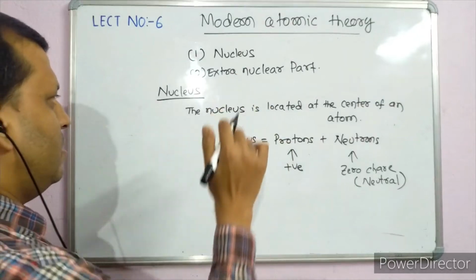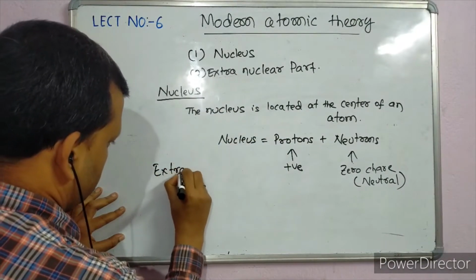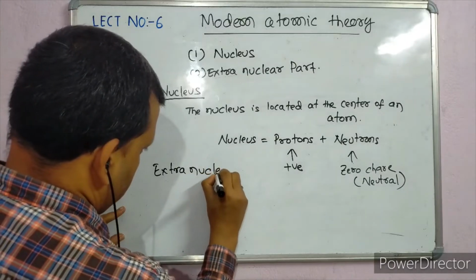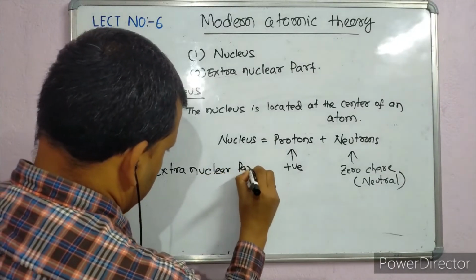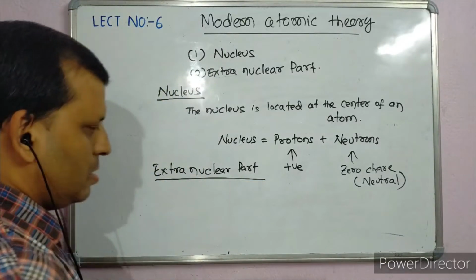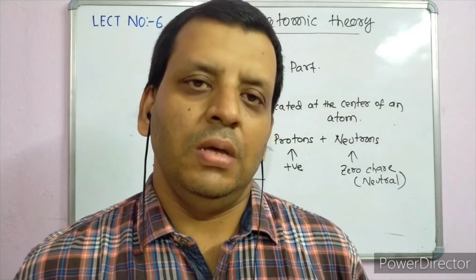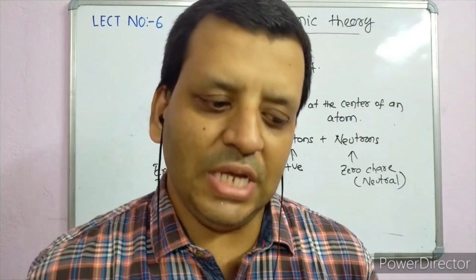Then what is the extranuclear part? The extranuclear part is that part of an atom where the nucleus is not present.